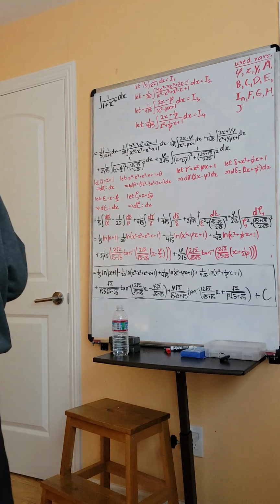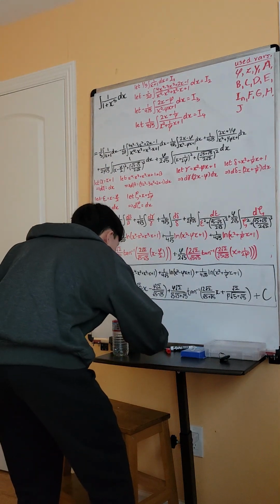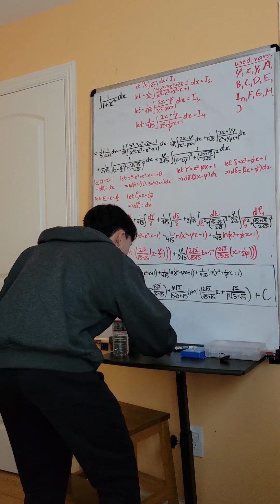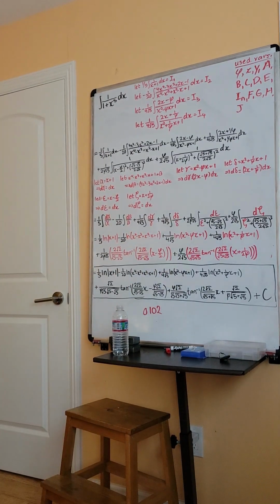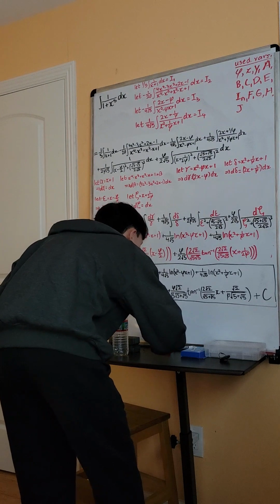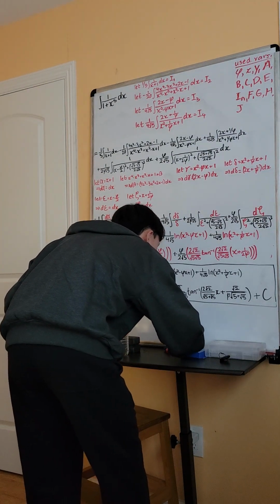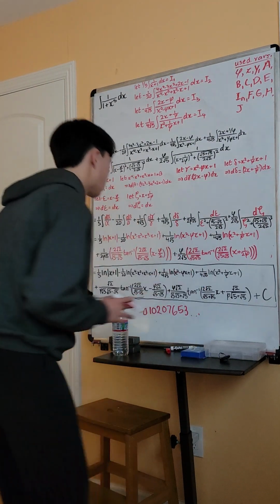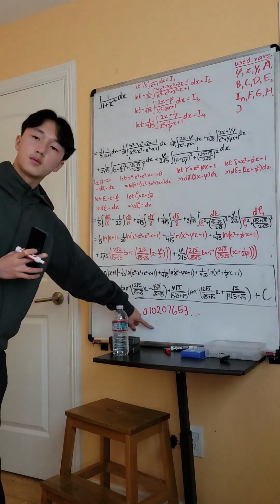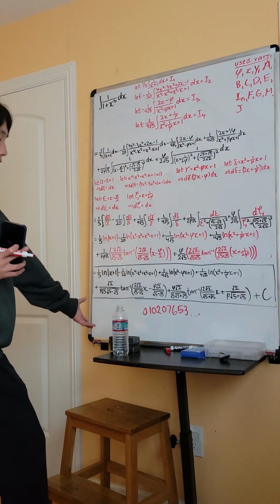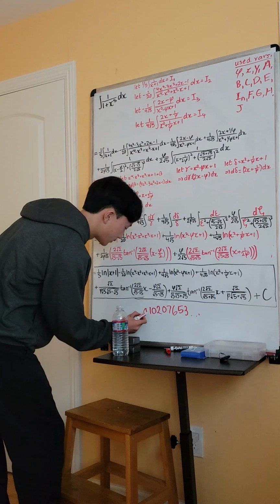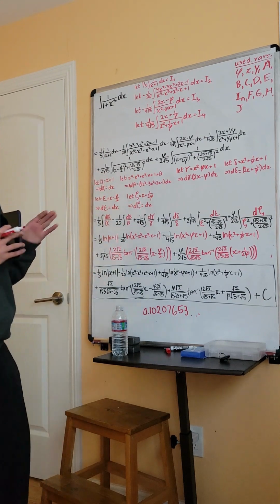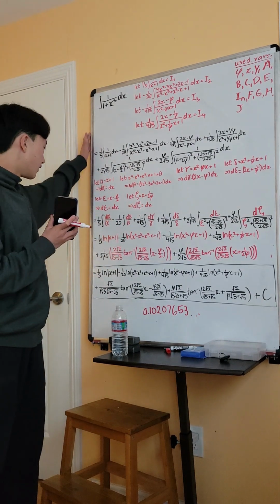It's 0.102 07653. And it's irrational, right? If anyone can tell me the exact form of this number, by the way, there's a decimal point there, that would be highly, highly appreciated.